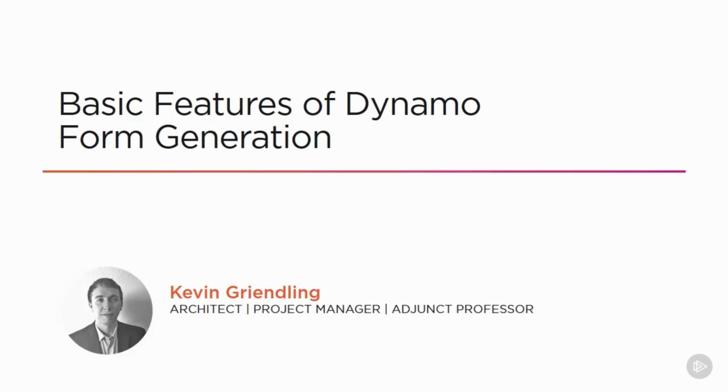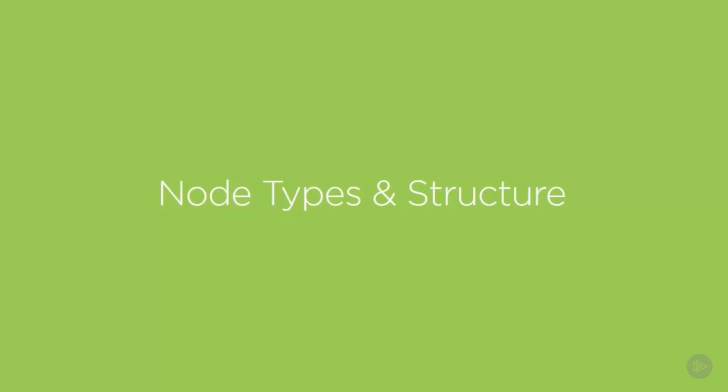Welcome back to Module 2, entitled Basic Features of Dynamo Form Generation. In this module, we're going to look at the various node types that we typically use, as well as the structure of data input, generation, and modification.